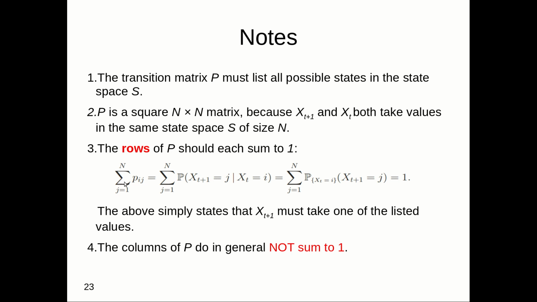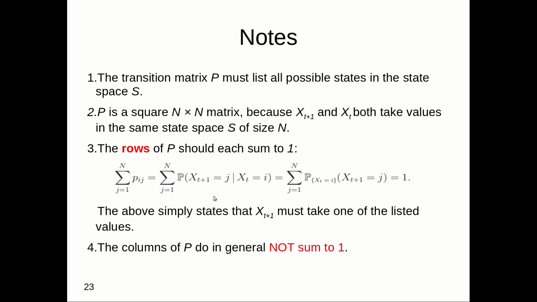So if we compute the sum over the elements in a row i, the sum over the conditional probabilities in this row, finally I get 1, or this must be 1.